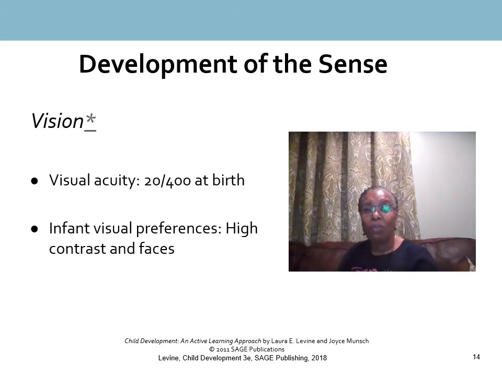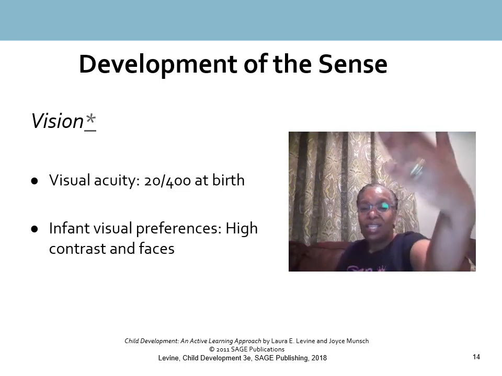Here's the thing though, by the first month, the acuity starts to improve. It jumps from 2400 to the 2200 range, of 2200 to 2400. When they're 6 months, it gets to 2025, and then by 3 months, pretty much that child is going to be able to see objects that are 8 to 10 inches in front of them.